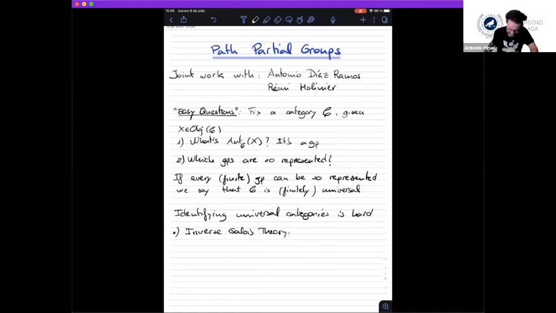So the next time Gunther shows up in the lecture room, you can ask him about this question. But we do know some other cases in which the category is universal. If you take the category of simple non-oriented graphs, or even oriented graphs, then they are universal.